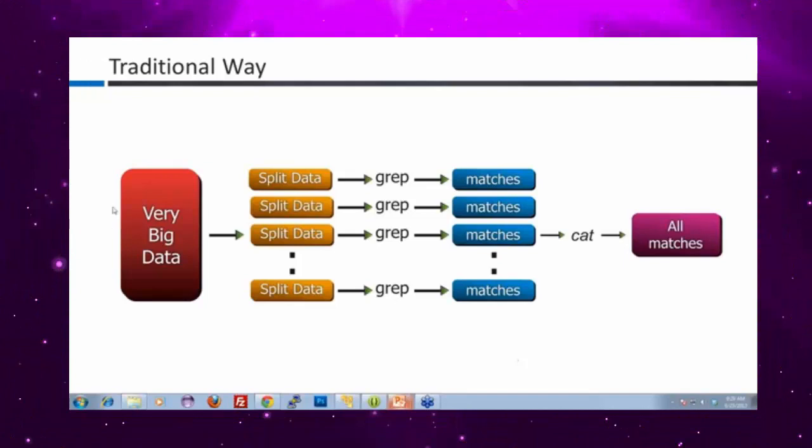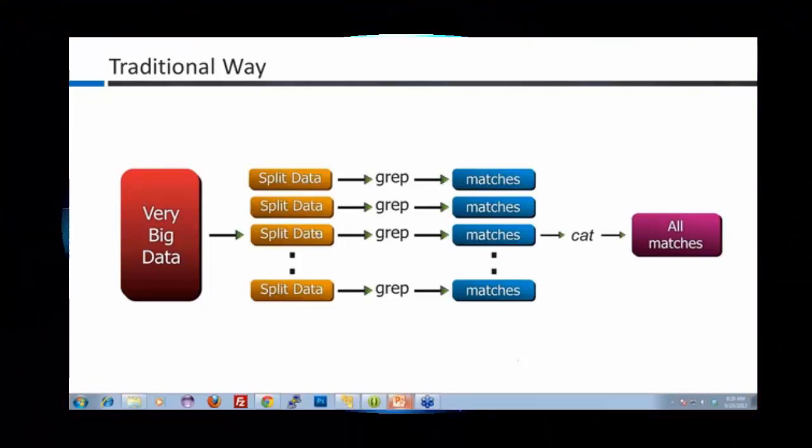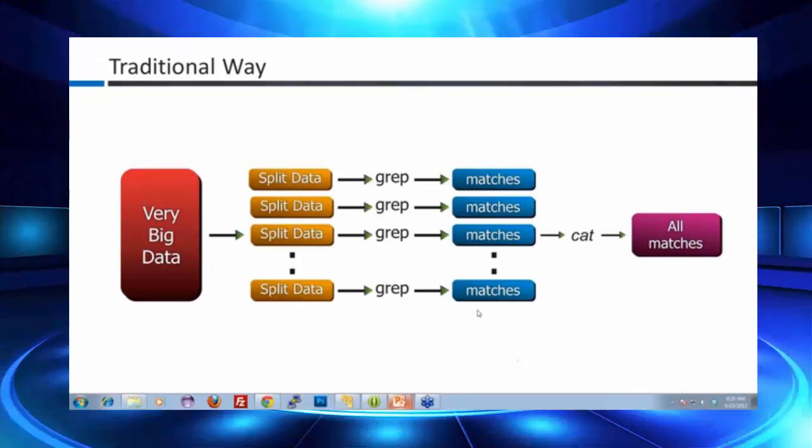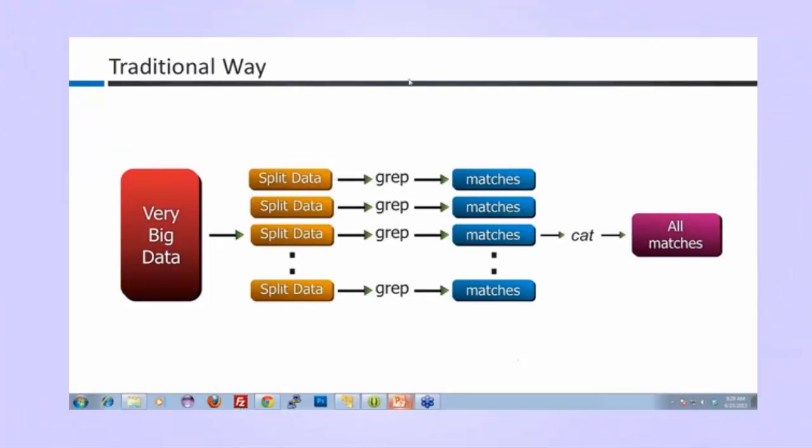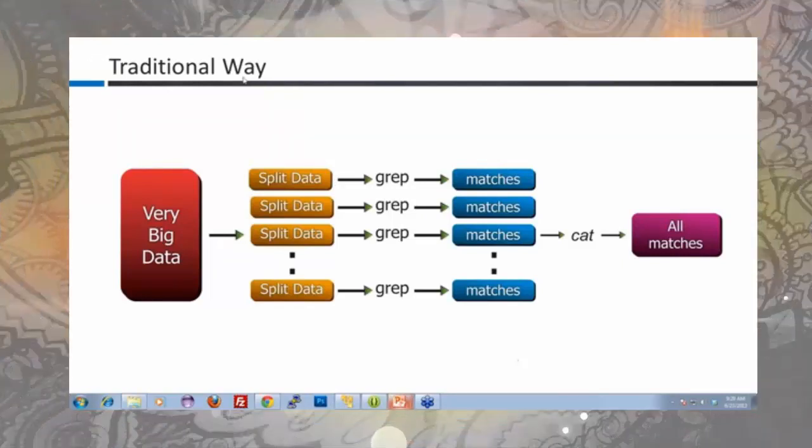Now what this means is, if you have a very big data, split that data. This is the concept. Split that data, do a grep. Grep is a command in Unix to match regular expressions. Someone who doesn't know about that, don't worry, grep is a command to do that.